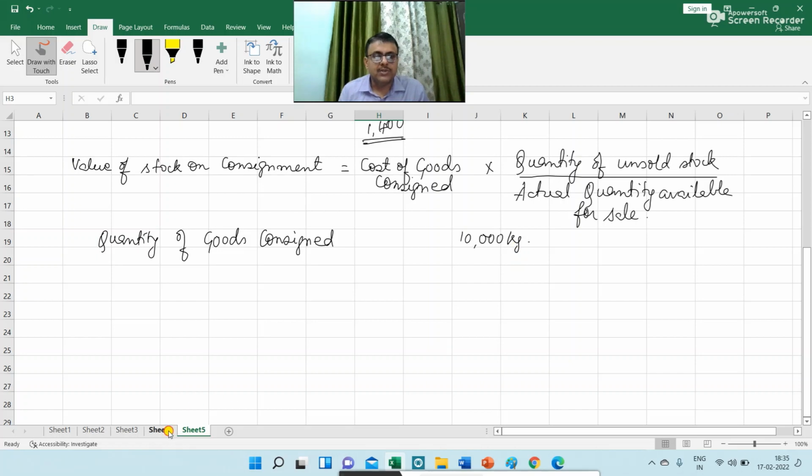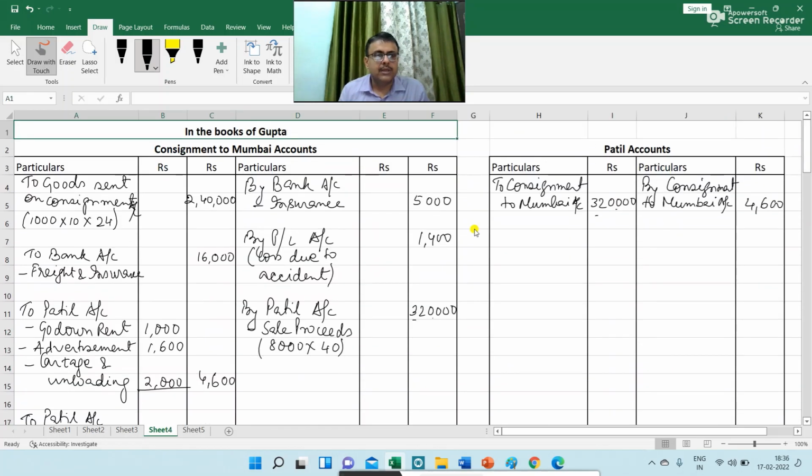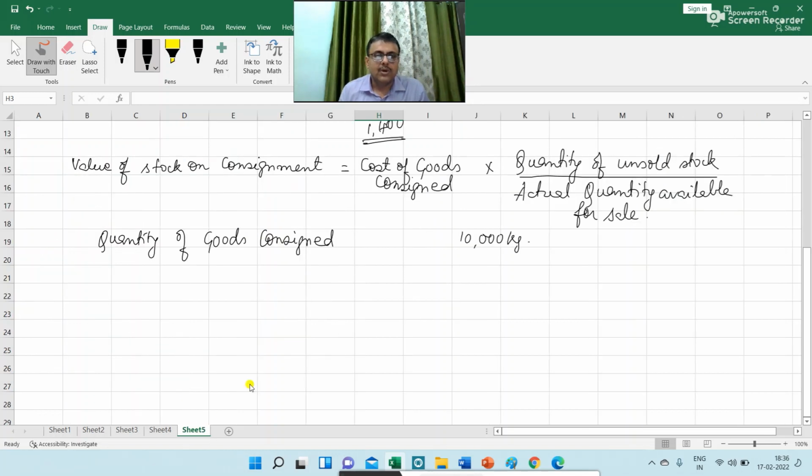I have already shown you that 1,000 tins were sent and each tin contains 10 kg. So here I am writing 1,000 tins into 10 kg per tin. So total quantity of goods consigned is 10,000 kg.